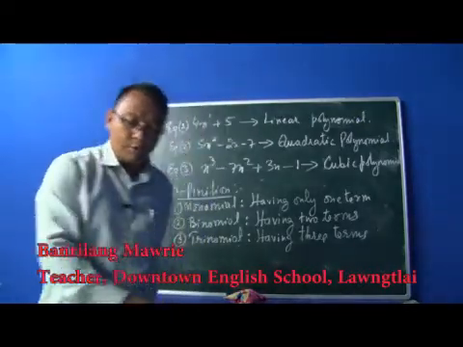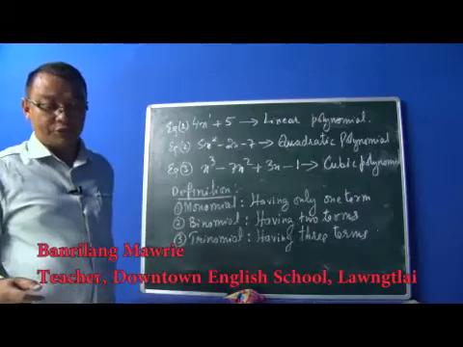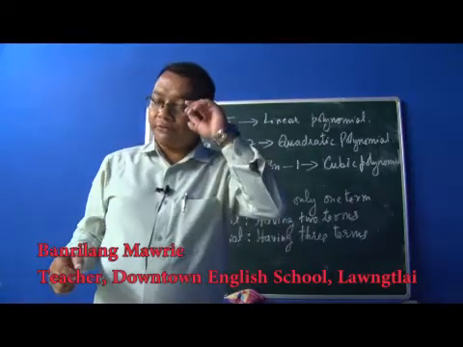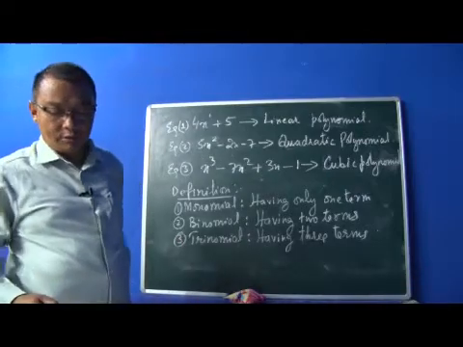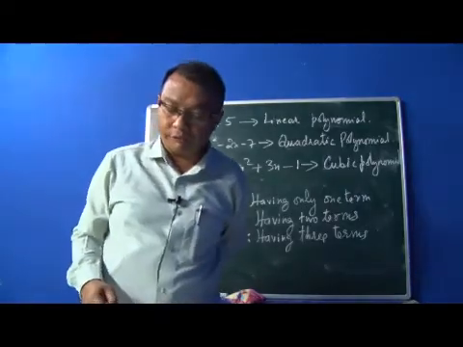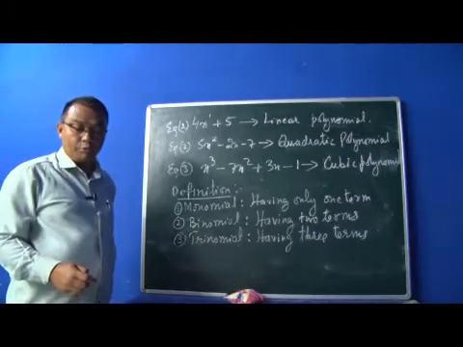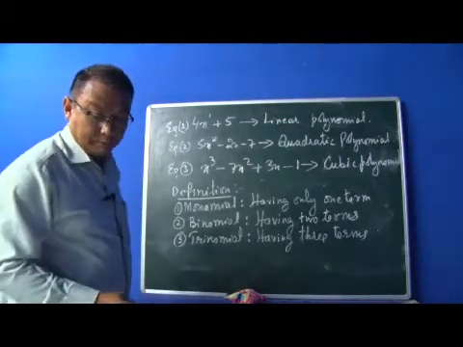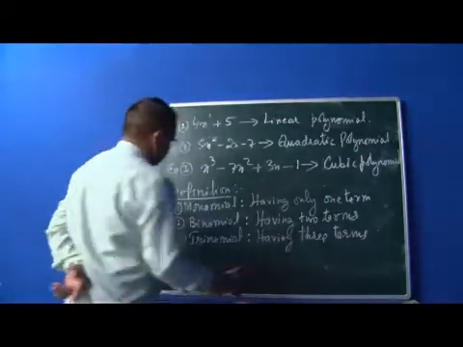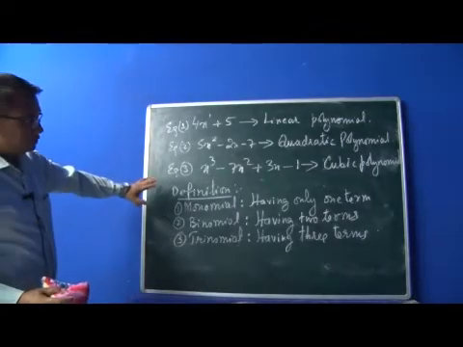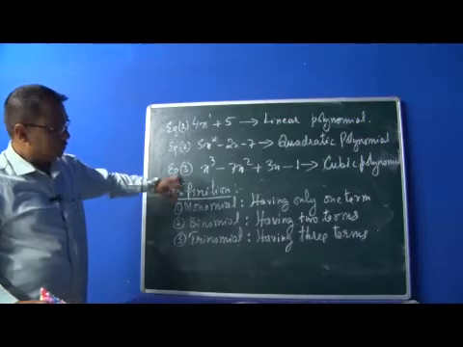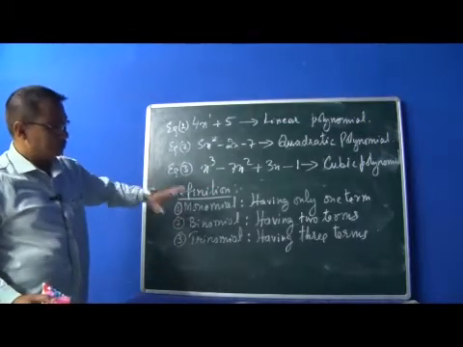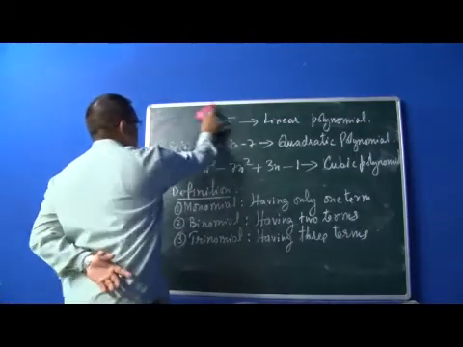And when we go about classification in exercise 7.1, write the coefficient of x squared, 7.1, question number 2. Hope you understand this. Monomial having 1 term, binomial having 2 terms, trinomial having 3 terms. Okay.